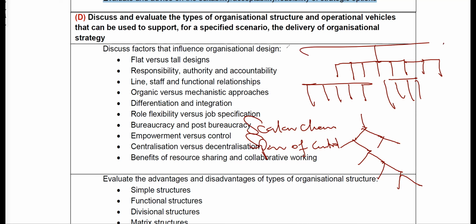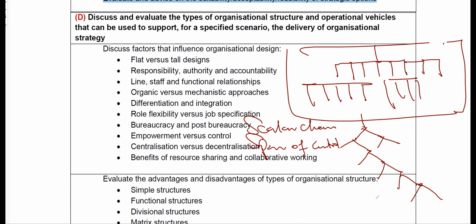So the flatter the organization, the larger or wider the span of control, and the lower or the narrower the scalar chain. But when it is a tall organization, it means that you have what? A narrow span of control and a wider or a taller scalar chain. That's why we call it tall organization or tall design. Okay, you have to understand this.